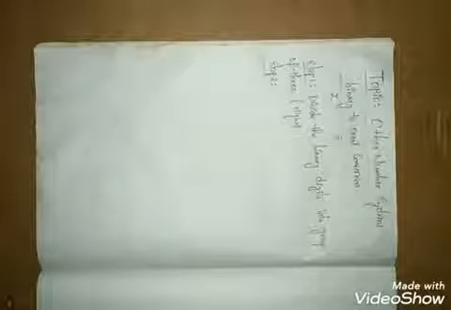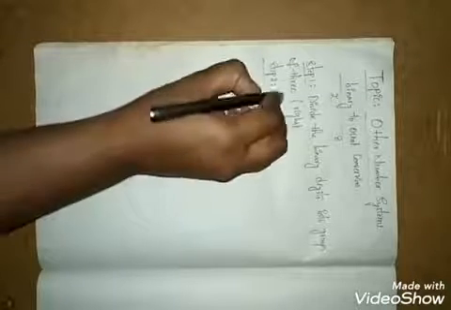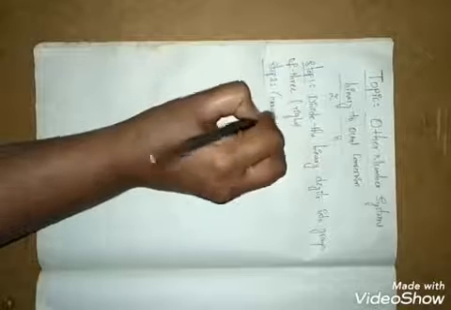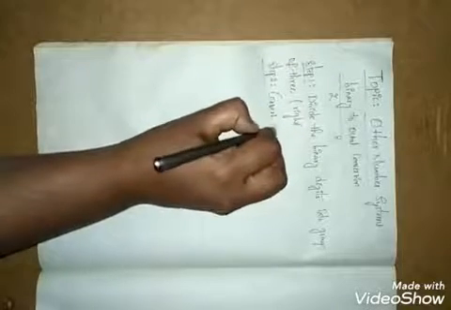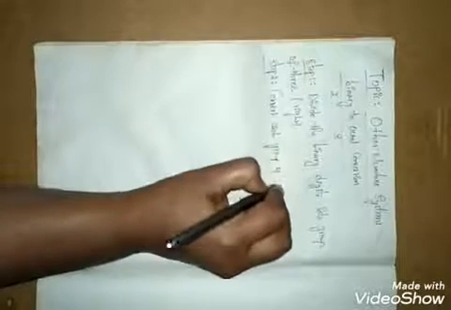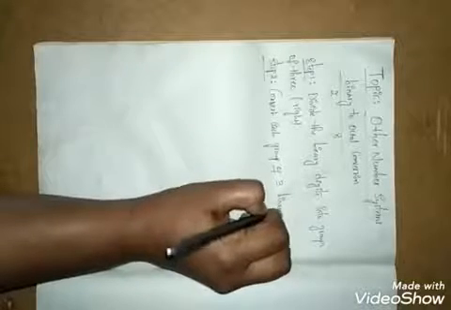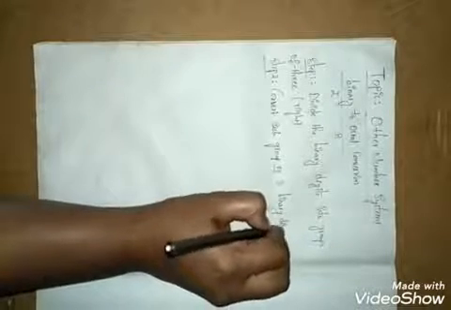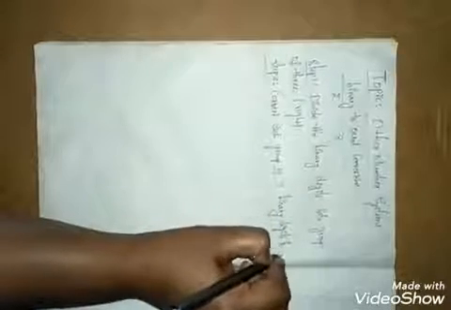Whatever 3 digits you have, you have to convert them into one digit. Three digits will be combined and we get only 1 digit.